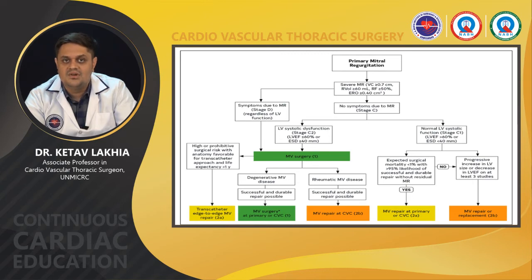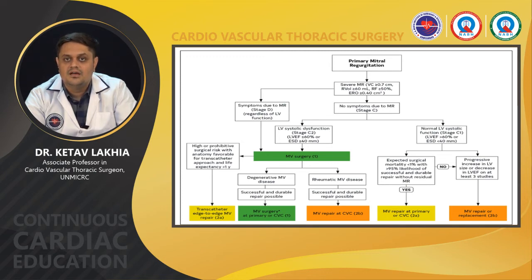Now this can be divided into two, either symptomatic or asymptomatic. In case of asymptomatic severe MR, which is stage C, it is again divided into two parts: if the LVEF is normal or LVEF is decreased.